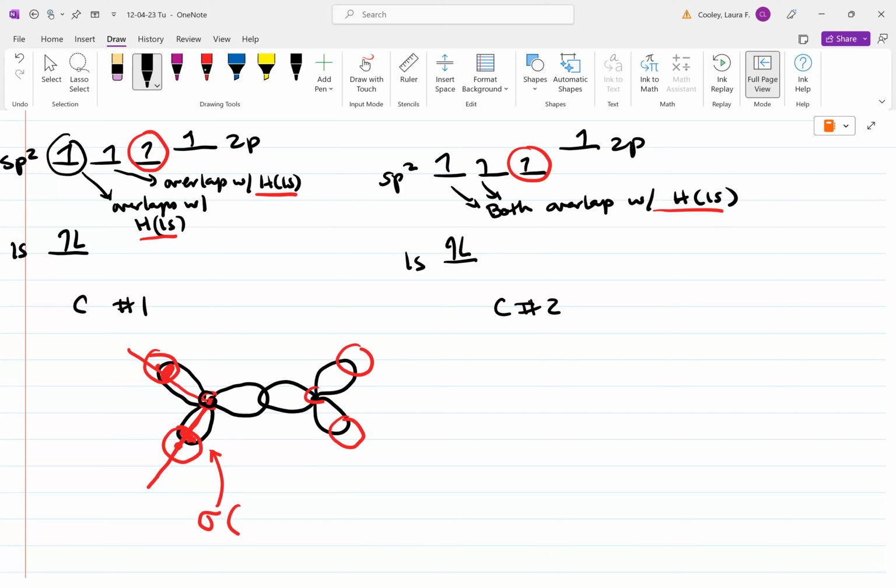We don't count the one on the right because our bond is between the left carbon and the hydrogen. This is the hydrogen nucleus. So we connect the carbon nucleus with the hydrogen nucleus of the bond, and we see that the overlap is on that axis. Every bond has its own internuclear axis, okay?